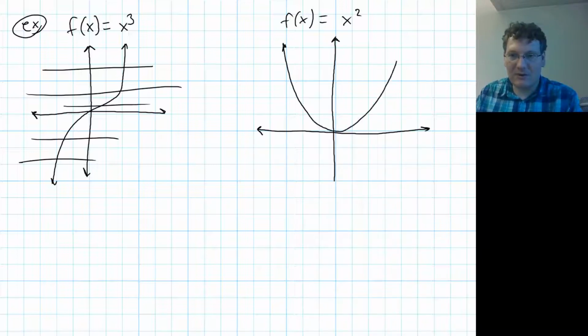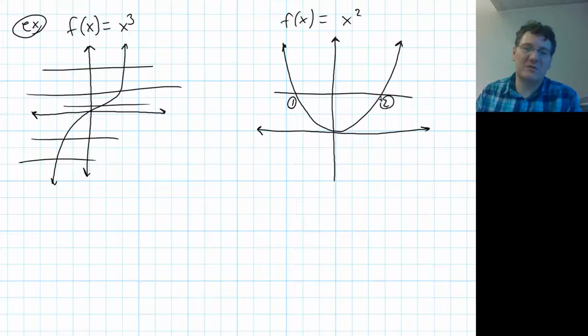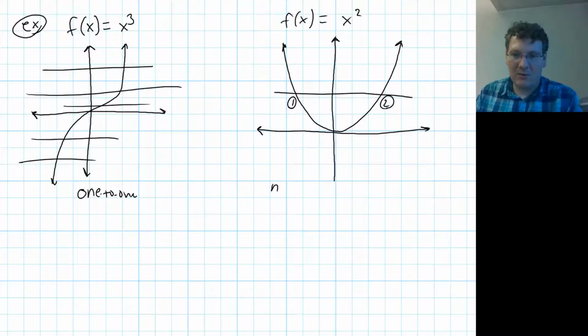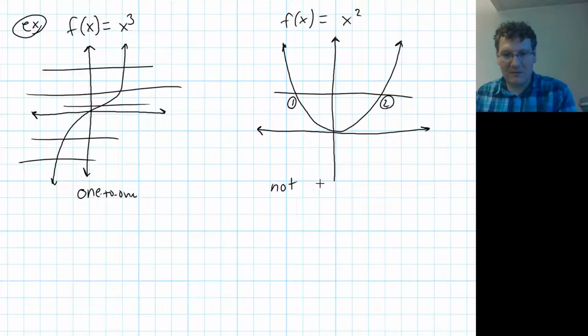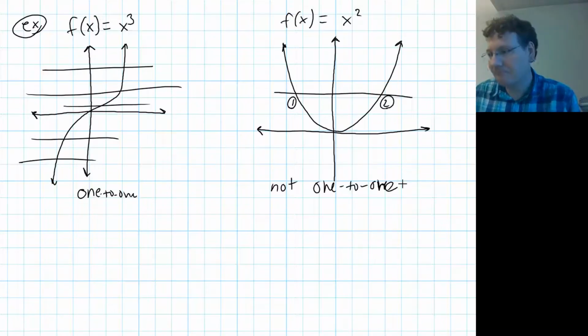So it's going to look like this, and so it intersects it in two spots. So the first one, this is one-to-one, so x to the third is one-to-one, and x squared is not one-to-one. Okay.